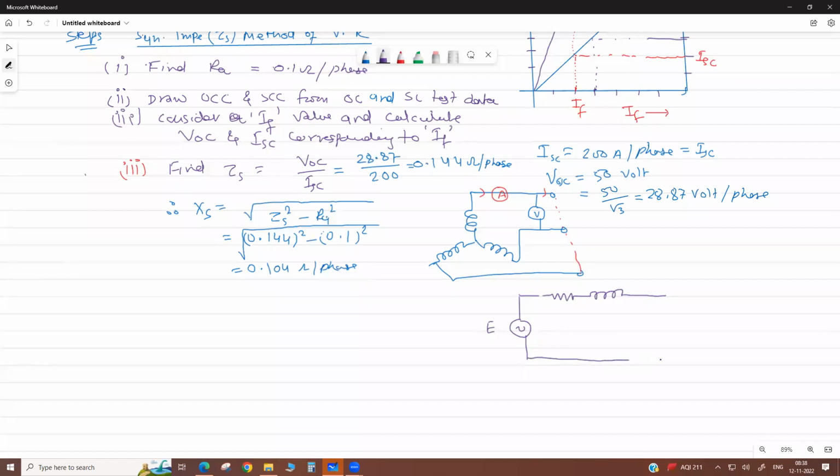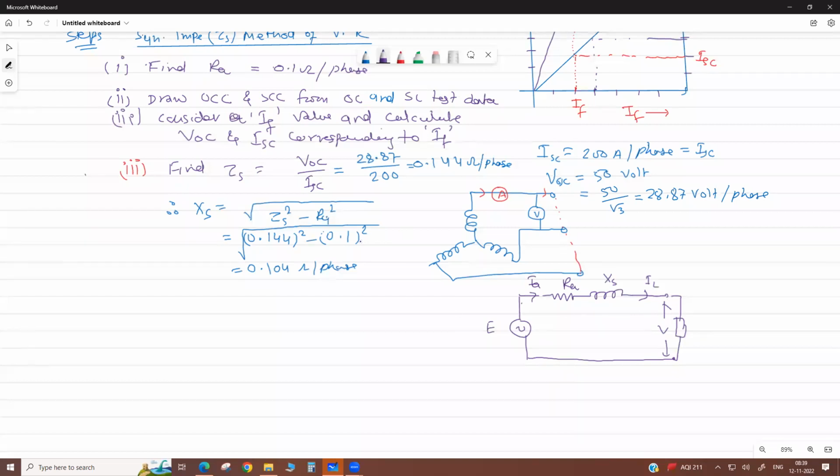Okay, dear. And if a load is put here, it is an alternator, so we have an electrical load. So this terminal voltage is suppose V. Synchronous reactance, armature resistance, and here it is the load current or armature current.